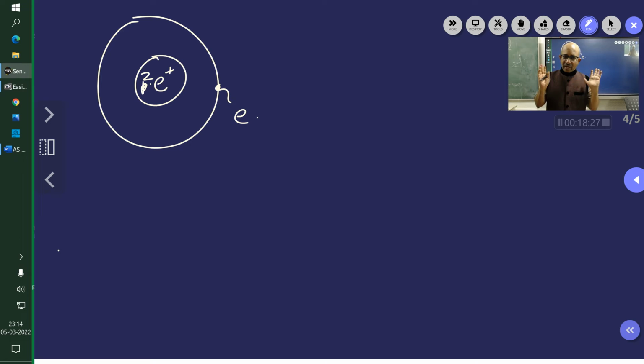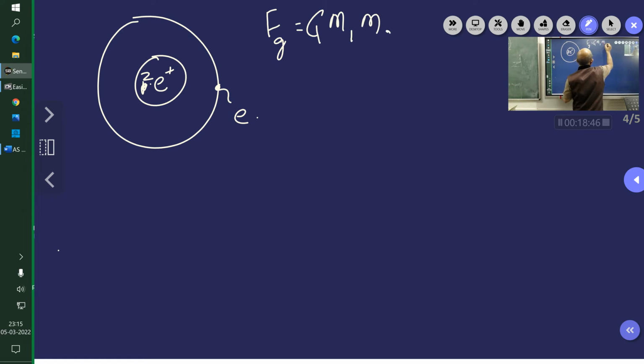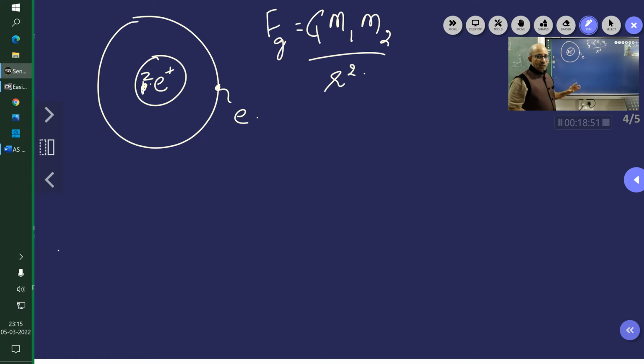This is what is called the gravitational force. By virtue of mass, there is a force of attraction between the masses, and we call this gravitation. The gravitational force magnitude is G m1 m2 by r square, where m1 and m2 are point masses and r is the finite distance between the two particles. We have already studied this.